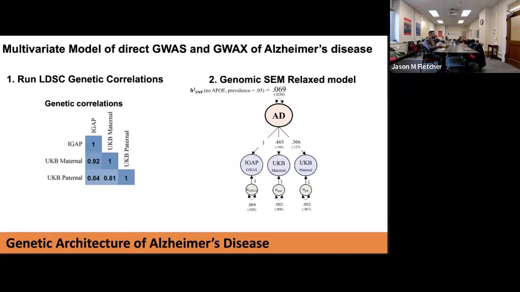This could happen when a set of participants confuse their current disease status, or it could also be due to differences in reliability from parental history of disease, which is based on self-reports, compared to carefully screened participants for clinical Alzheimer's disease. And the residual variances represented in these U terms were very close to 0, indicating that the GWAS and GWAX were not tapping genetically distinct phenotypes to an appreciable extent.